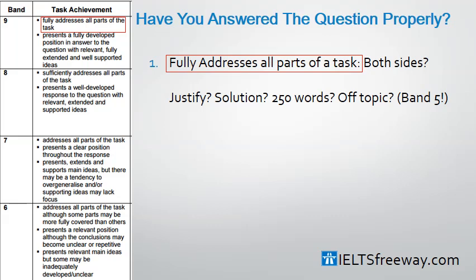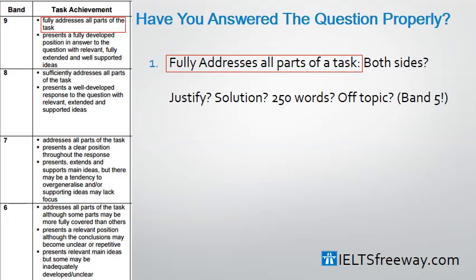And if you're doing a problem solution essay and you spend all your time describing the problem and not really offering any solutions, then again, you're not addressing all parts of the task, so you lose marks. Students don't realise this and they think they've done really well, but they get low band scores because they haven't done this.